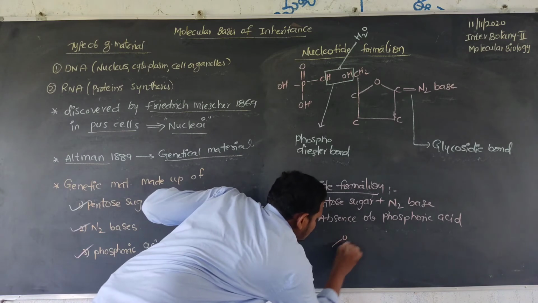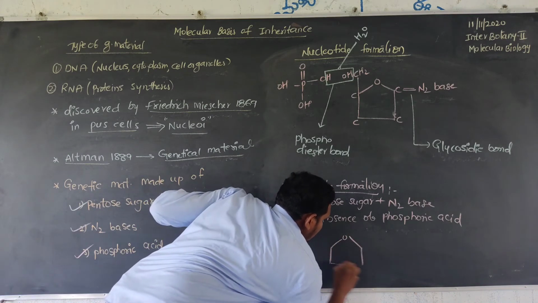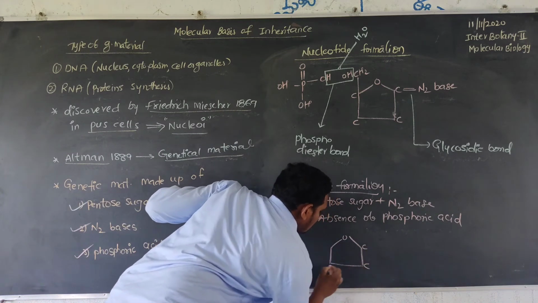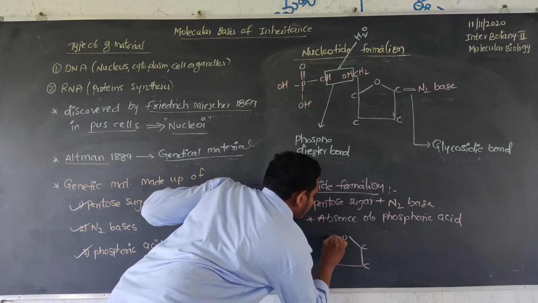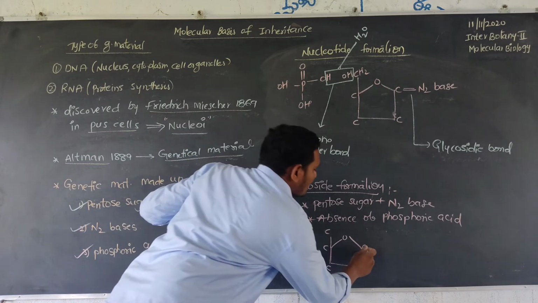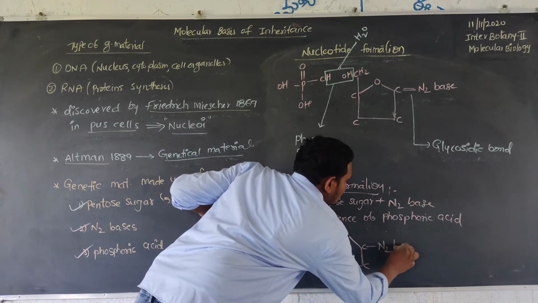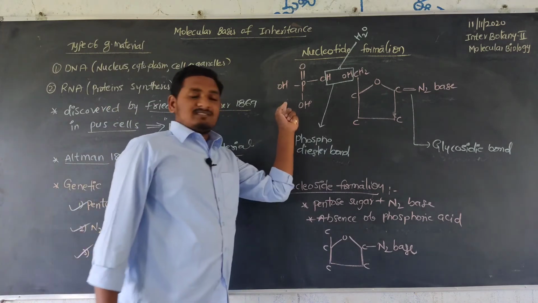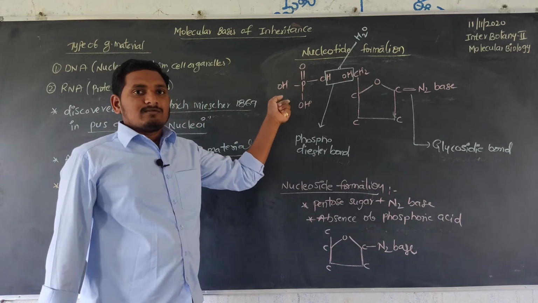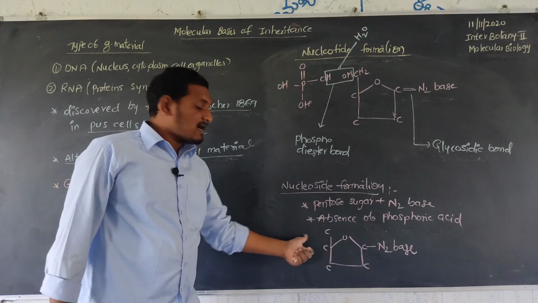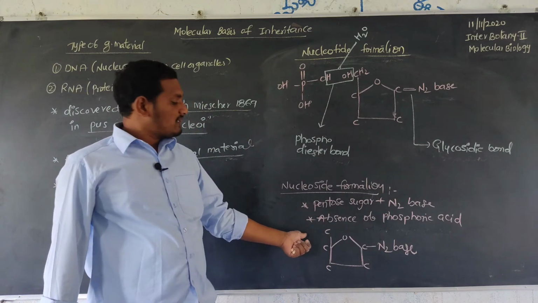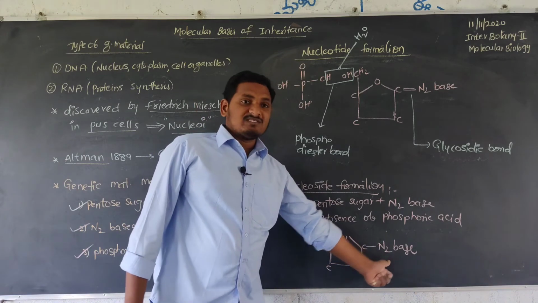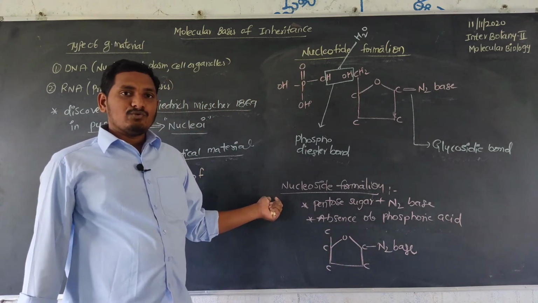So this is the pentose sugar, carbon number 1, 2, 3, 4, 5. At carbon number 1 the nitrogen base attaches, that's it, but phosphoric acid is not connected to the fifth carbon. Only the first carbon of pentose sugar attaches with the nitrogen base. This is a nucleoside.